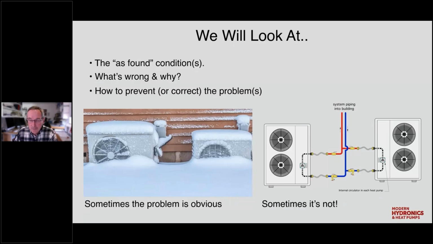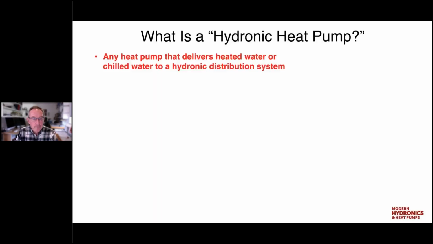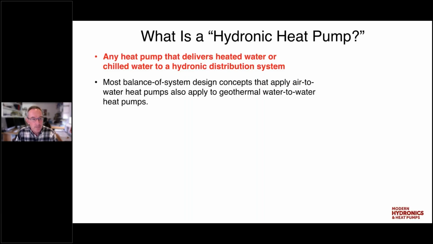And as they say, sometimes the problems are not obvious, and sometimes the problems are not just related to the heat pump. They're fundamental design errors based on the hydronic layout. So again, we're going to be using the term hydronic heat pump, and that would refer to any heat pump that delivers heated water or chilled water for cooling to a hydronic distribution system.